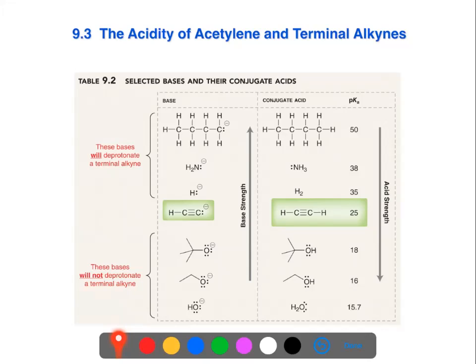As you can also see, the oxides are not strong enough to deprotonate a terminal alkyne because the conjugate acids of these bases are stronger than the acidity of the alkyne. So when we're carrying out deprotonation of alkynes, we're required to use a sufficiently strong base, and the most common one is sodium amide.